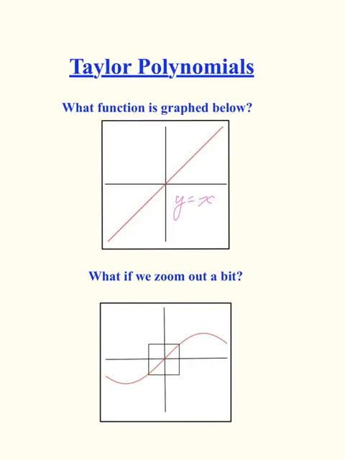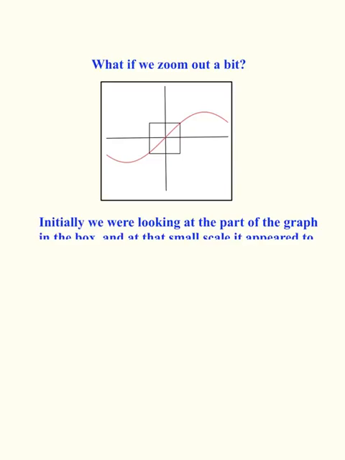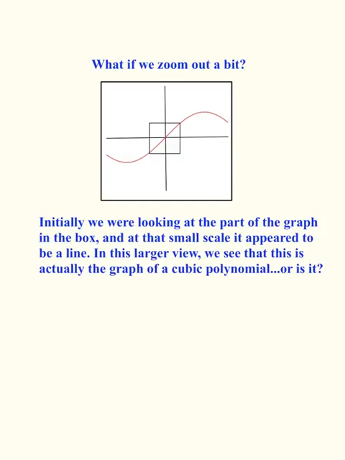So if you zoom out, we think this could be a cubic graph. Initially, let me change the setting a little bit here so we can see the whole paragraph.